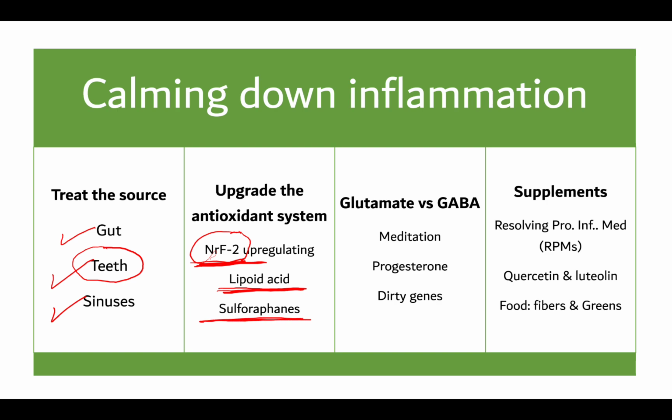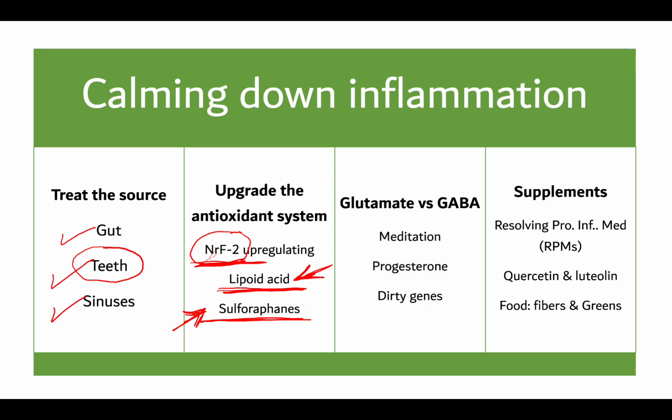Sulforaphanes are present in the broccoli and the cabbage. And so if you add the green leafy vegetables and sulforaphanes, you guarantee growing healthy bacteria, and at the same time you guarantee upgrading the NRF2. However, the lipoic acid in this issue is more potent than the sulforaphanes.